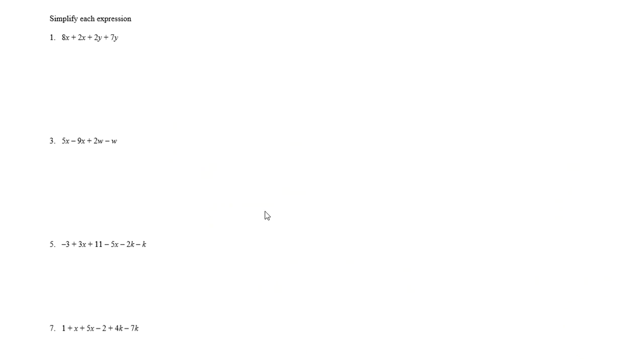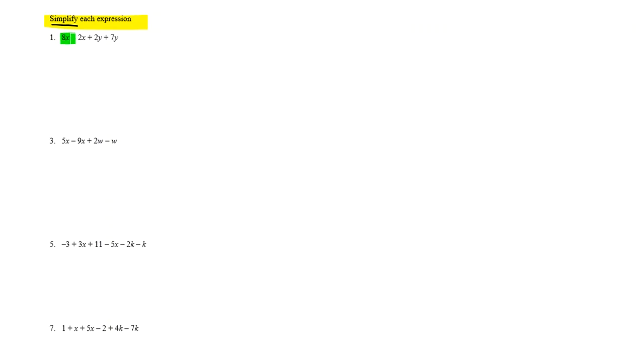Okay, now let's use that analogy to help us simplify expressions. So number 1 says 8x plus 2x plus 2y plus 7y. As we look at this expression and simplify it, we are going to combine all of the families that have the same last name.